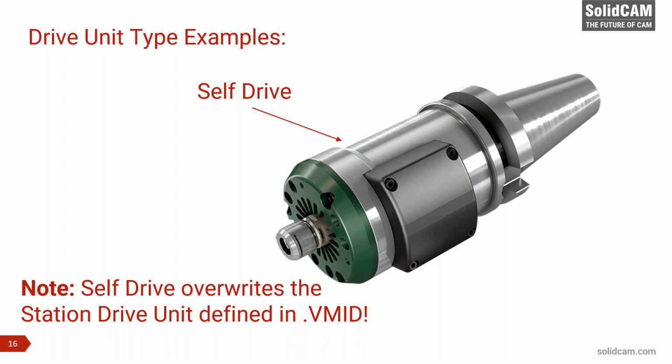So for instance, if we define that our spindle can run 12,000 RPMs, and we put this holder and say it's a self drive, we put the property of the self drive, it can go, for example, 30,000 or 50,000 RPMs. Basically, it overrides. It kind of behaves like a direct, but it has its own spin properties.